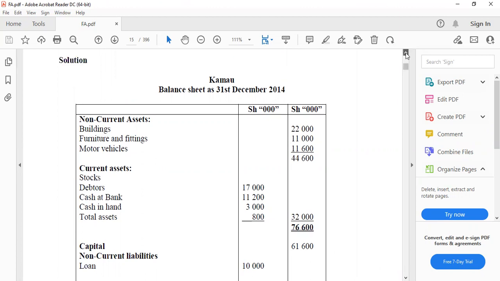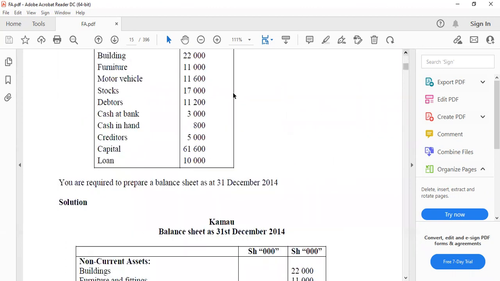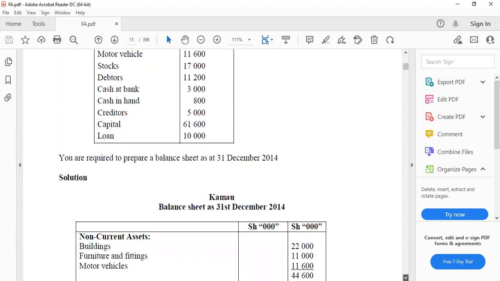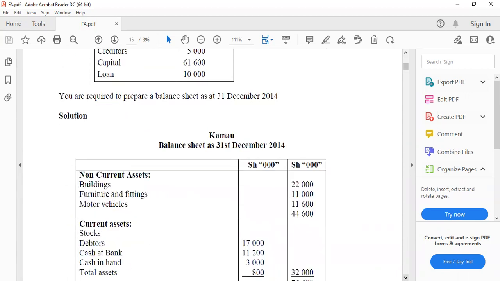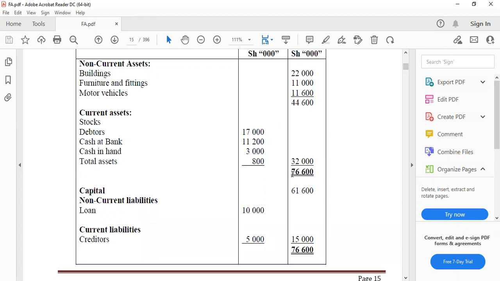So from the illustration, we have said that building, furniture, and motor vehicle, these are non-current assets. Then we have current assets, which are stock, debtors, cash at hand, and cash in the bank. If you add this and this, it gives us 76,600, representing the total assets.